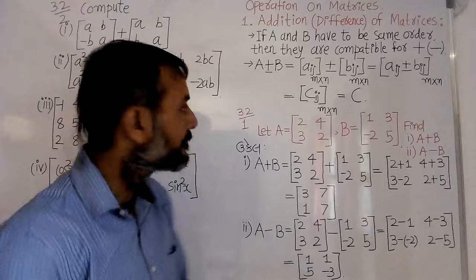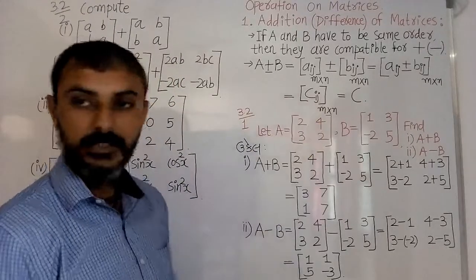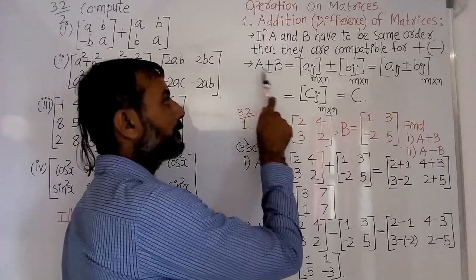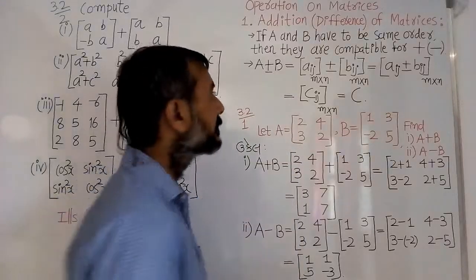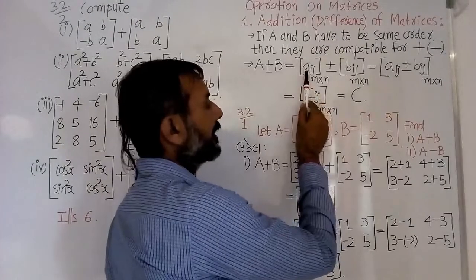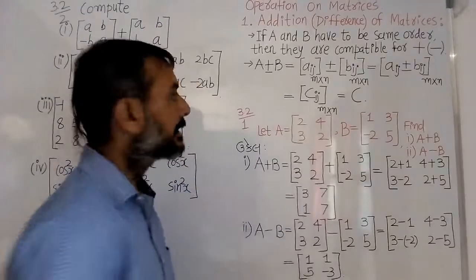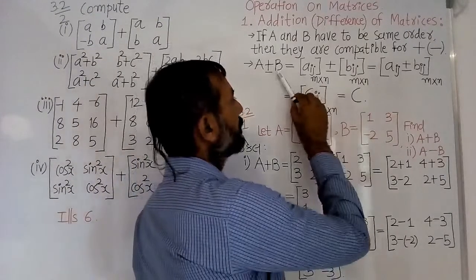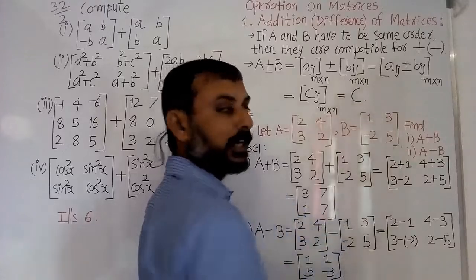Keep in mind, mathematically I write A plus or minus B equal to the matrix Aij of order m by n, and B means Bij of order m by n.